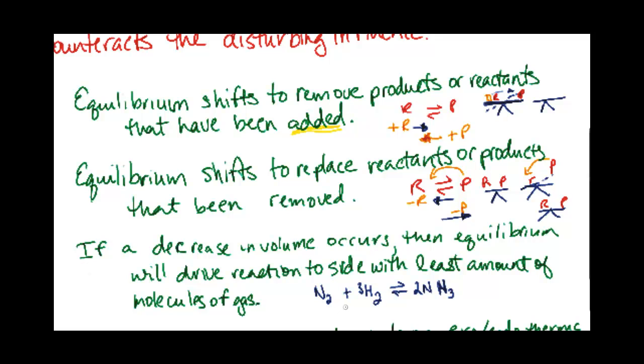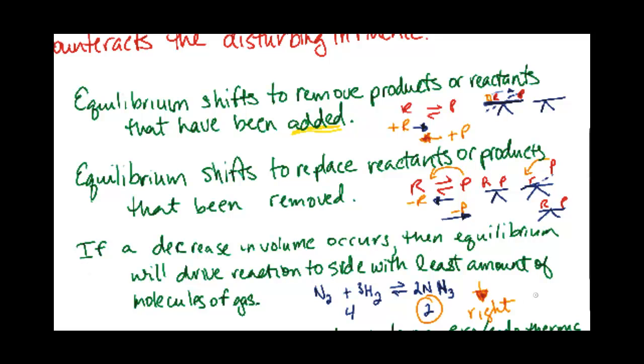The left side had 4 moles and the right side has 2 moles. So if we were to decrease the volume, the reaction equilibrium would favor the side that had fewer moles. So in this case, the equilibrium would get shifted to the right.